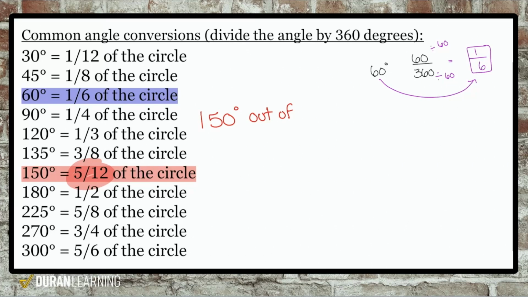The whole circle is 360 degrees. Remember, my party people, that the phrase out of is a fraction. It's division. 150 over 360. So when you're only calculating for 150 degrees and not the entire circle, this is going to help you find out what that fraction is.